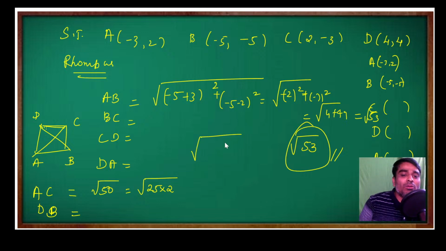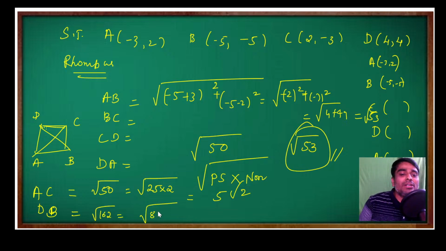Whenever you have a non-perfect square inside, break it as one perfect square into one non-perfect square. So 25 into 2 gives 5 root 2. And 162 means how will you break? 81 into 2, one perfect square and one non-perfect square, so 9 root 2. Diagonals are not equal. Correct. So this means ABCD is what?